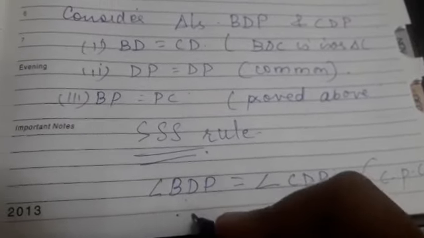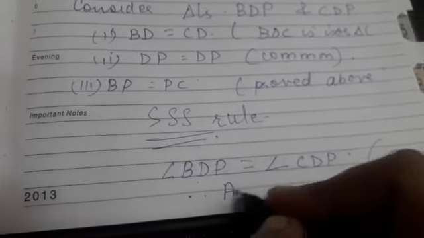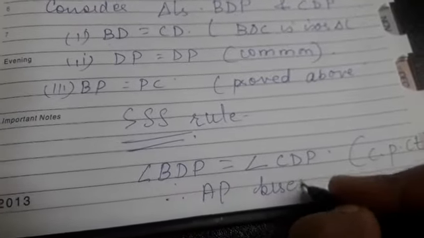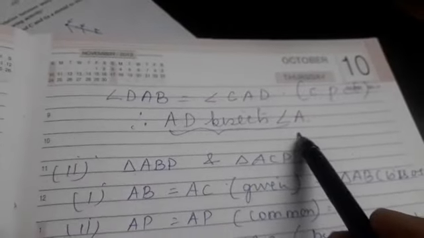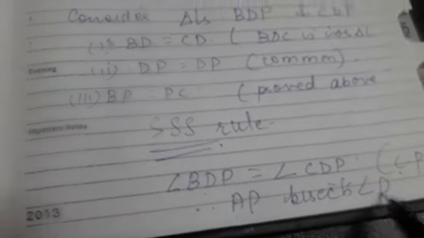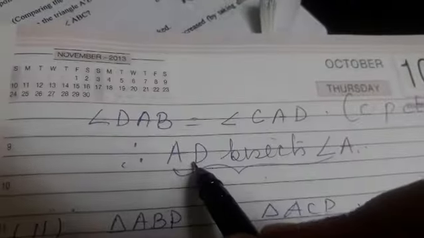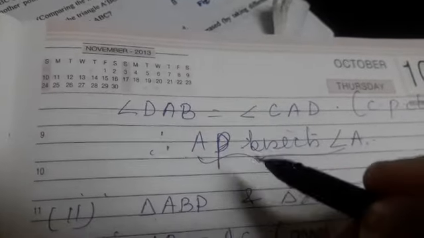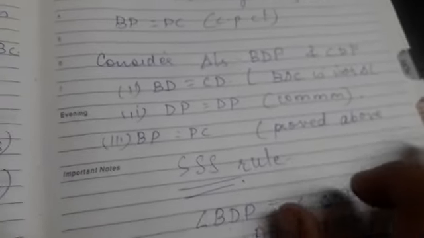And therefore I can also write that AP bisects angle D. Earlier I had written AD bisects angle A, but here I am writing AP is bisecting angle D, which has the same meaning as asked here. AP is a line segment which is bisecting both the angles A and D, by CPCT.